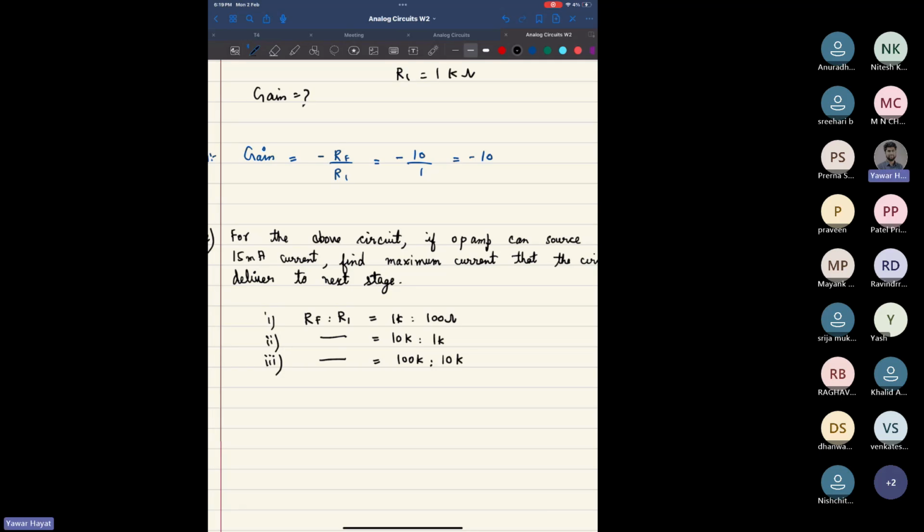And assume that the maximum swing of the op-amp is from 0 to 10 volts.